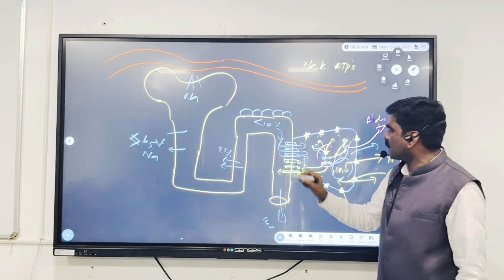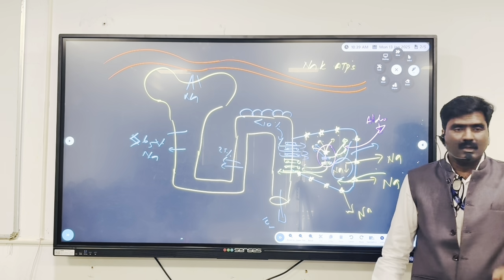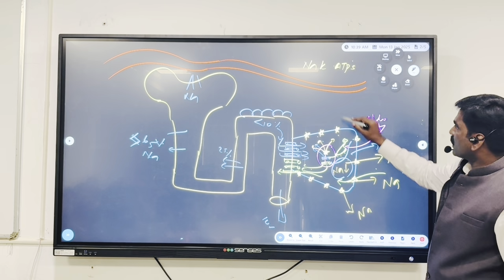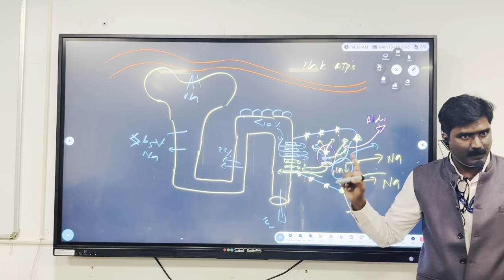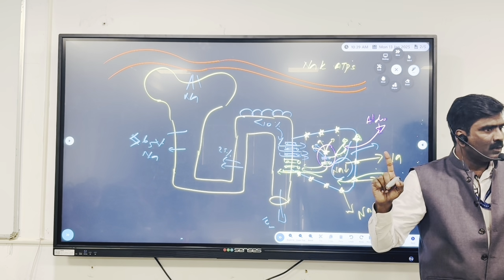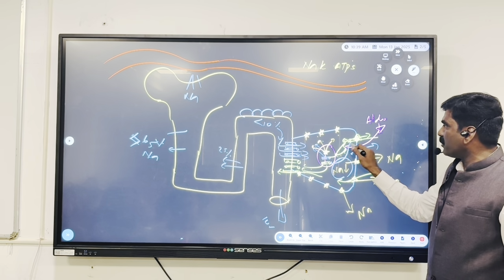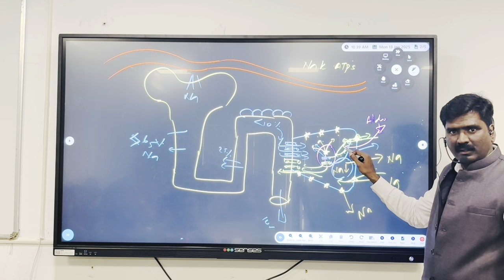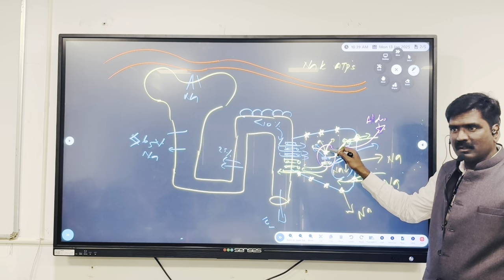Potassium will enter the collecting tubule. Are you clear what I am saying? So first is sodium potassium ATPase. Sodium potassium ATPase is a common channel for both sodium and potassium. Sodium has gone out, potassium will come in, right? Sodium has gone out, potassium has come in.